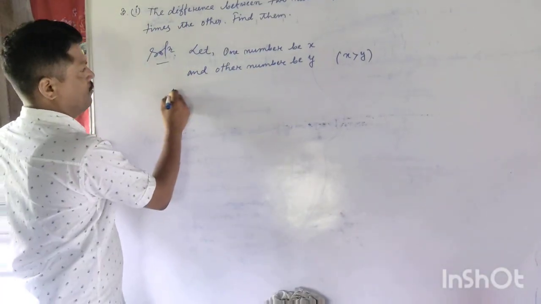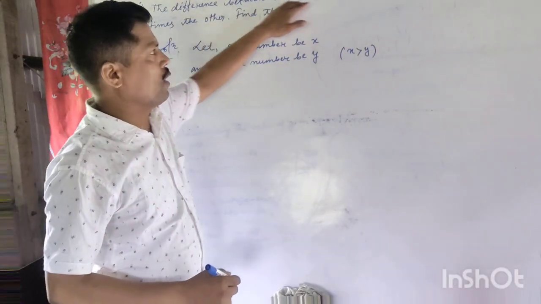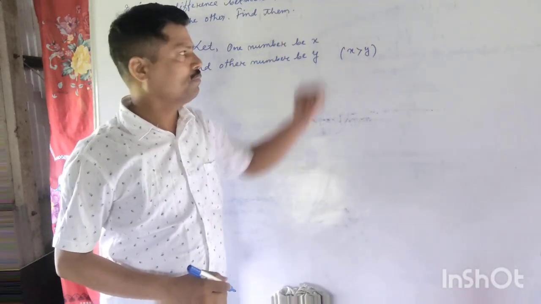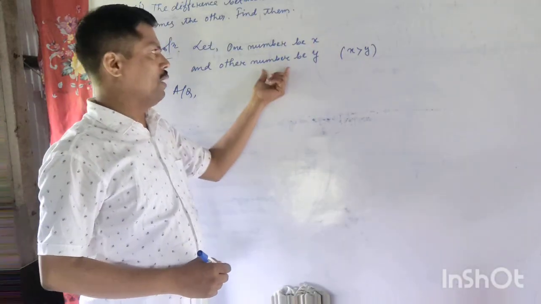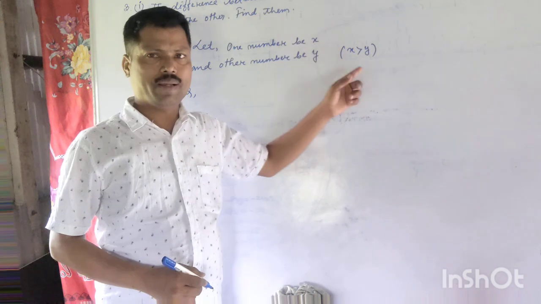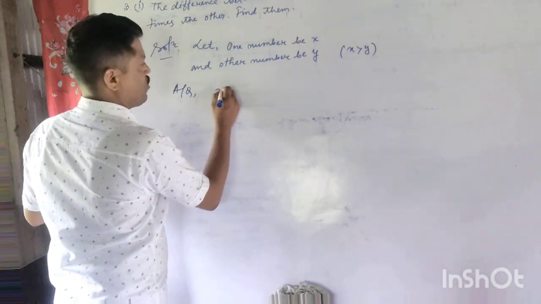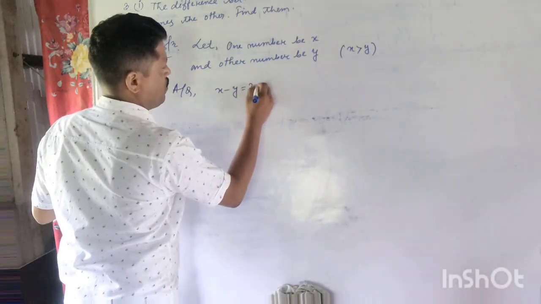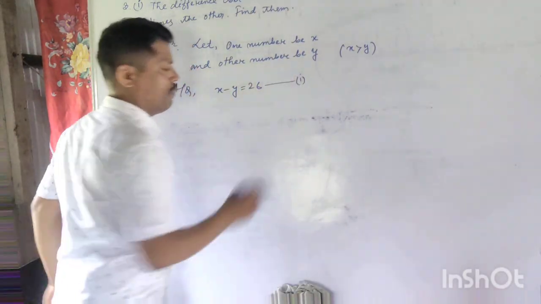According to question, the difference between two numbers is 26. So if we take one number is greater and other number is less, then we can write this x minus y is equal to what? 26. X minus y is equal to 26. So we can keep here equation number 1.